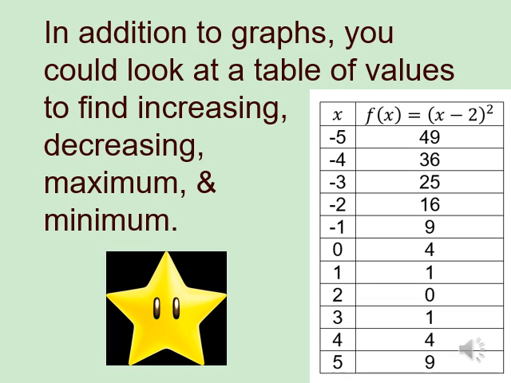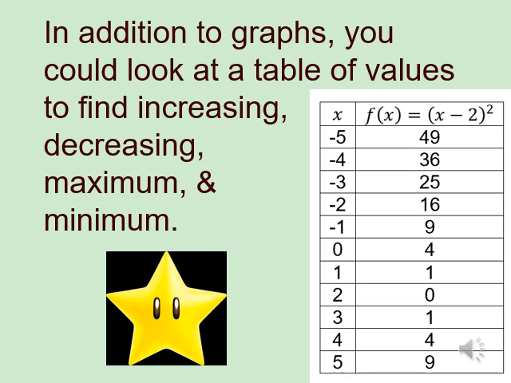On the one you're looking at here, if you just look through those numbers pretty quickly, hopefully you could figure out that the point 2, 0 is going to be a minimum point, because both when I go through 1 and 0 and -1, the numbers keep getting bigger that way, and when I go through 3, 4, 5, the numbers get bigger the other way. So 2, 0 is like the absolute bottom of this.